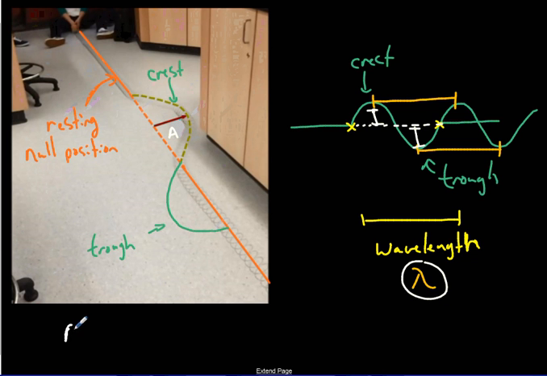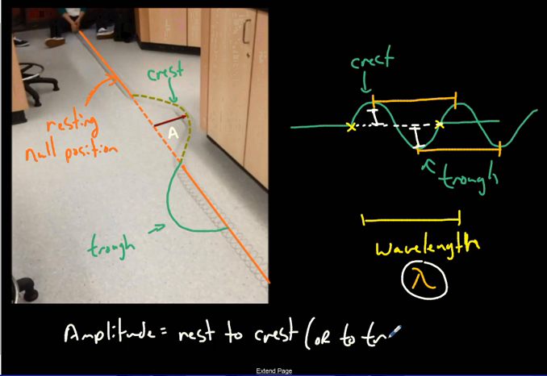So amplitude is equal to rest, crest, or to trough, okay? Oftentimes, people will mistake and think that the amplitude is from a crest to a trough. That is incorrect, okay? It is only from resting position to the height of a crest or to a trough.